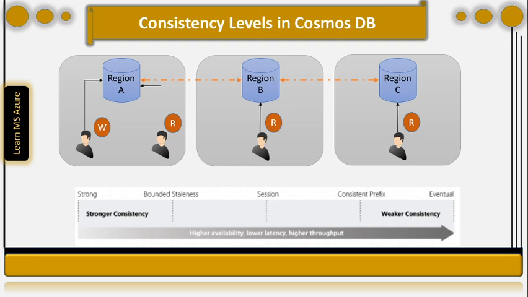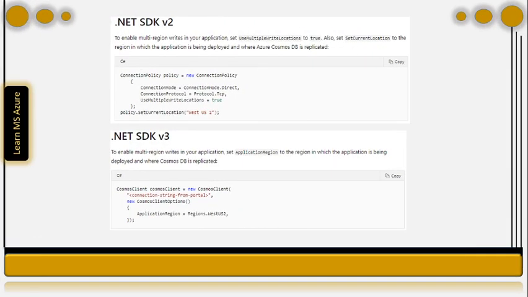So Azure will take care of finding the closest region for the same, and you have SDKs available such as this one. So here if you see, you have set the current location as West US 2 and you have enabled multiple write locations to true. So by using this, even if you add tens of other regions for your application, you don't need to stop your application or redeploy your applications, because this API, these SDKs, will take care of that.